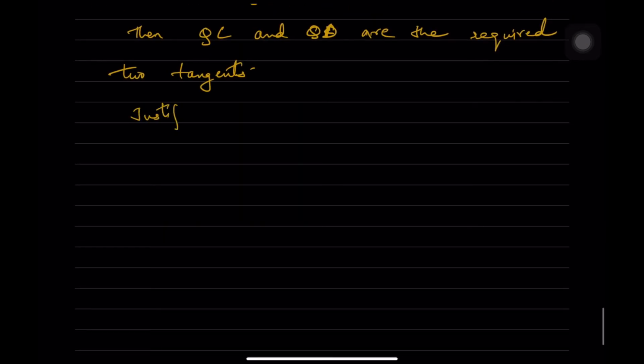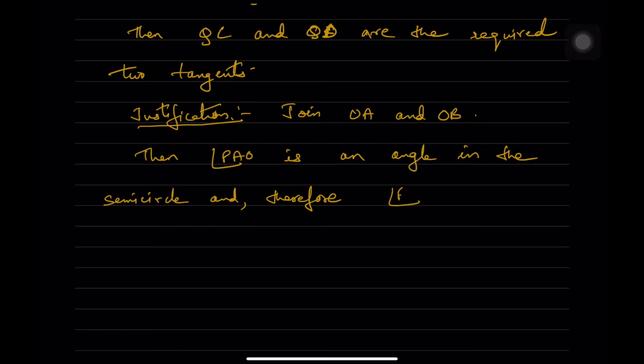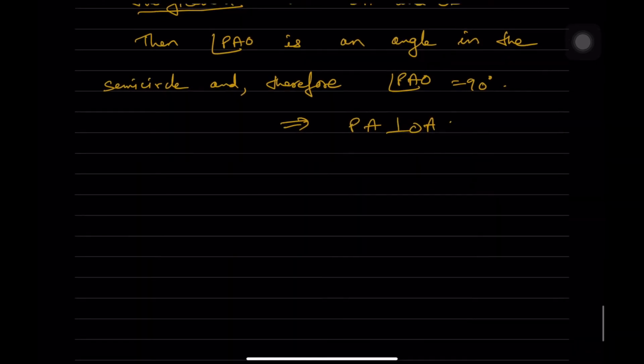Justification. Join OA and OB. Then angle PAO is an angle in the semicircle, and therefore angle PAO is equal to 90 degrees, which implies that PA is perpendicular to OA.